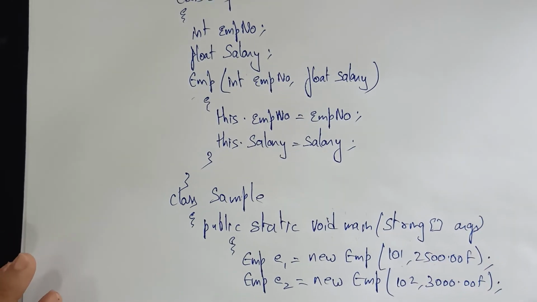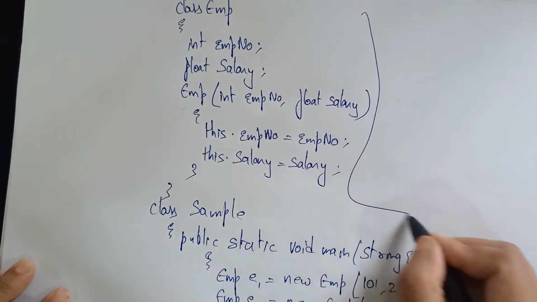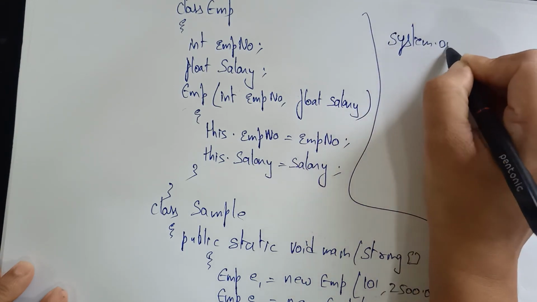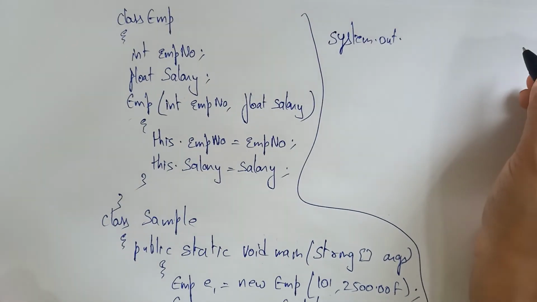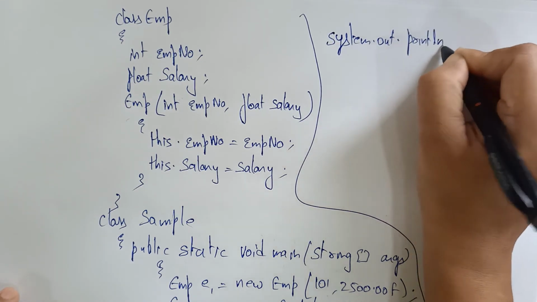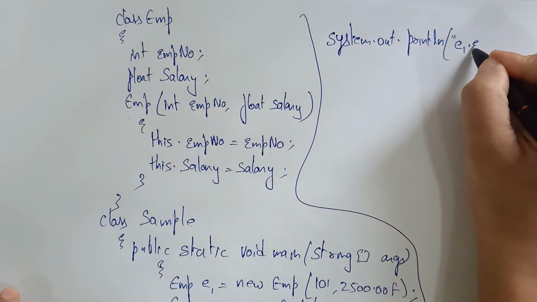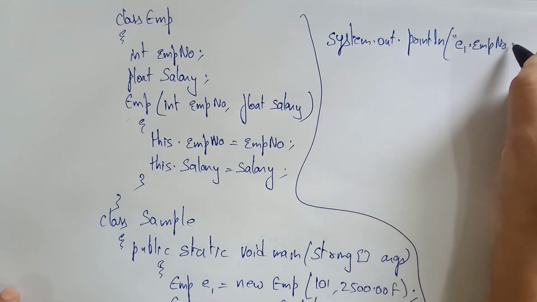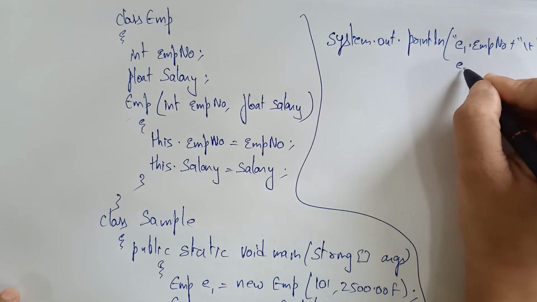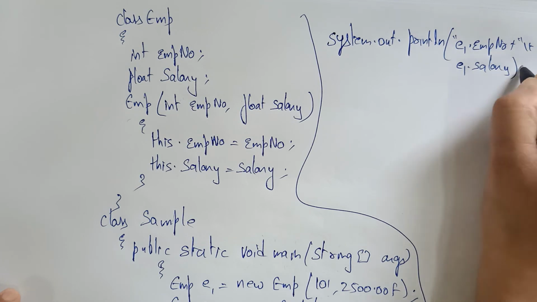Now try to print this. How are you going to print this? System.out.println: E1.employeeNumber, tab space, E1.salary.